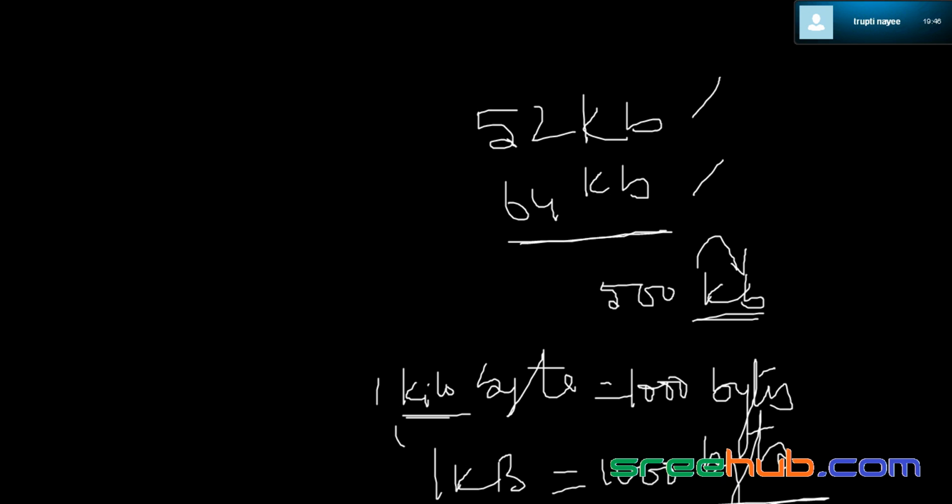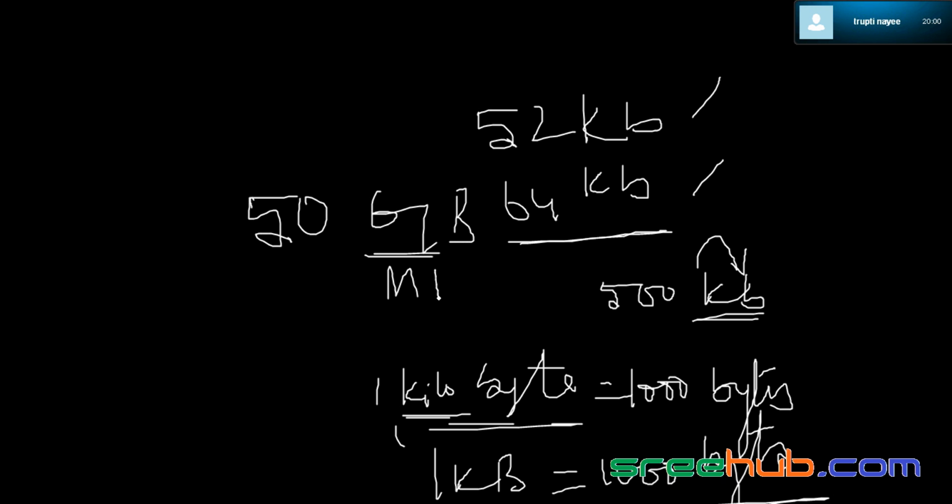So whenever I say KB, let us say your hard disk is 50 GB. You know what is meant by GB, right? GB is nothing but gigabyte. And you have also heard of megabytes and kilobytes. Now what is this byte? A byte is nothing but a memory location, a memory which is saved in your hard disk.